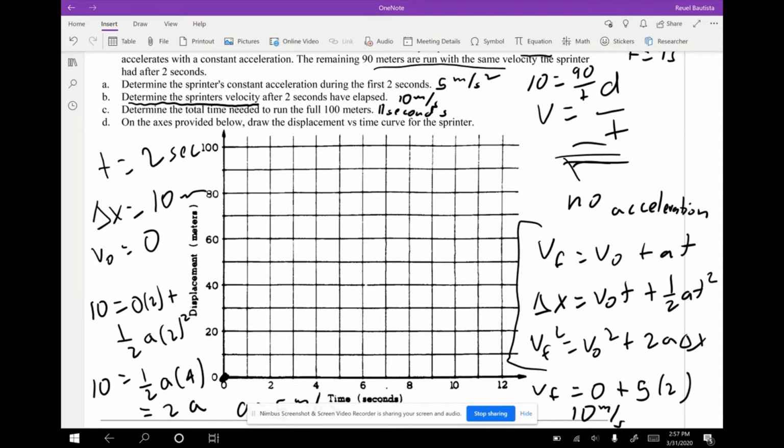But remember, the first 2 seconds had an acceleration. So how will our line look in a displacement versus time graph? Will it be a straight line? Will it be a curved line? How will our line look from 0 to 2 seconds, since there is an acceleration?